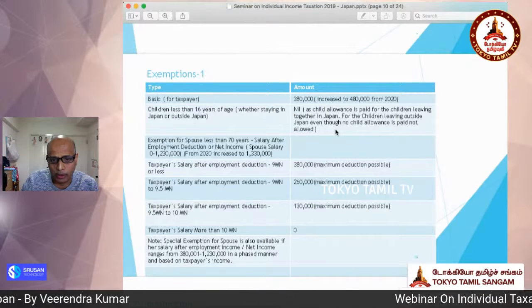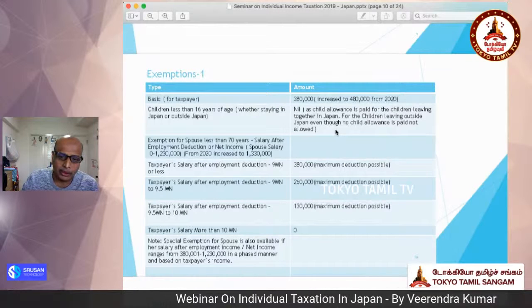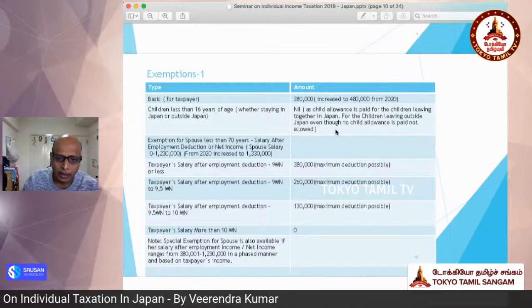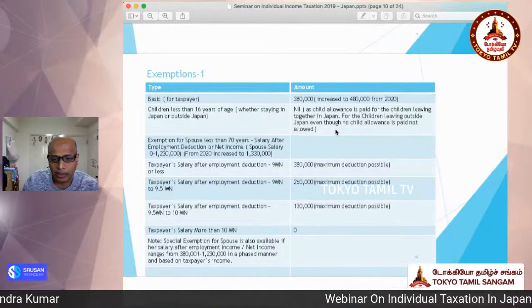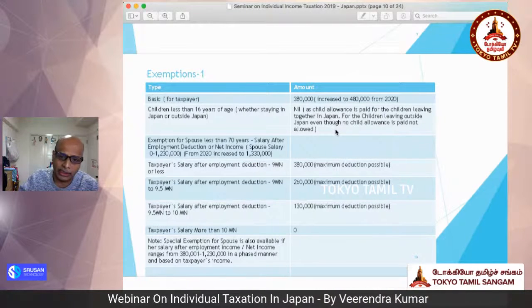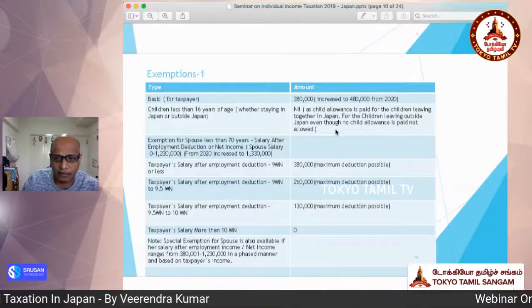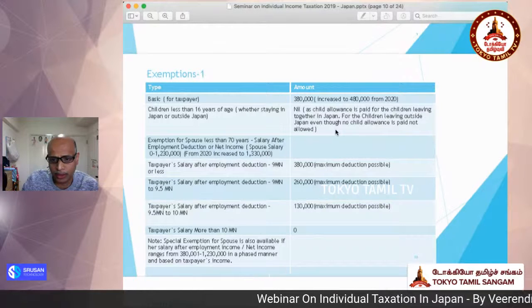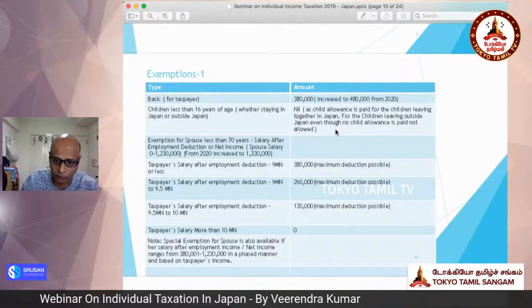And if your spouse is working or she is a housewife, based upon her income and your income, you can get a deduction for her in your tax return, depending upon the criteria. For example, if your salary after employment deduction is 9 million or less, and if her income is zero, then you can get the entire tax deduction of 3,80,000 as a spouse.